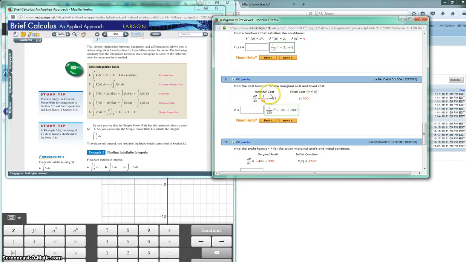So they've helped me figure out part of my equation for my cost function, but that plus c is your fixed cost. So I'm going to have to do a little bit of substitution to help me find out what my c value is. Again, I'll show on a supplement how to do that. But make sure you check over these rules that are in the text, please.